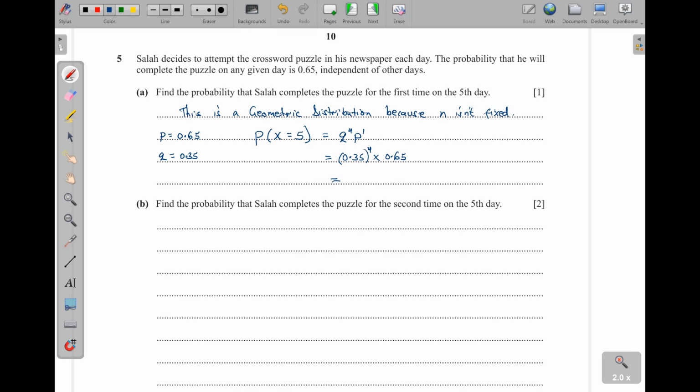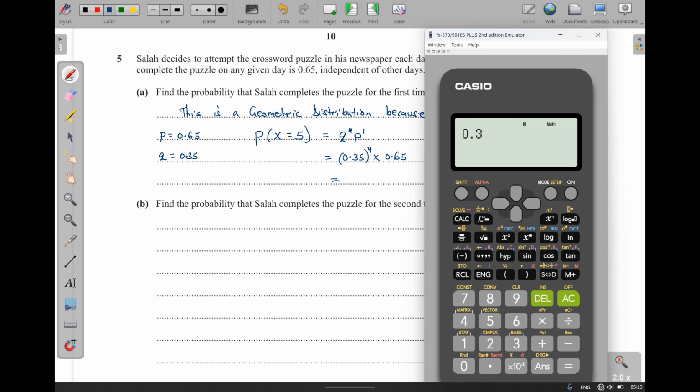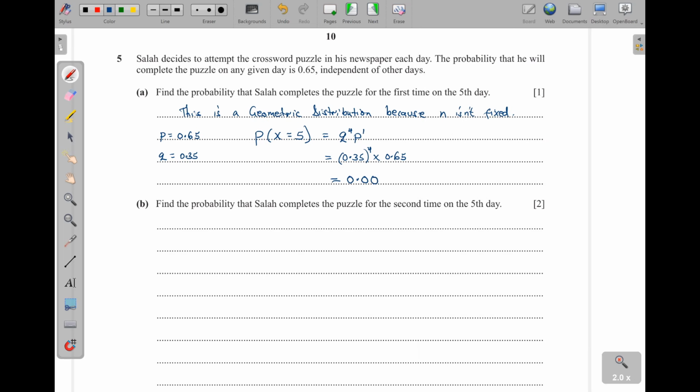So altogether, what do we get? 0.35 power 4 times 0.65. This one gives us 9.75 times 10 to the power negative 3, which I can write as 0.00, then 9, but to 3 significant figures, it will be 0.00975.